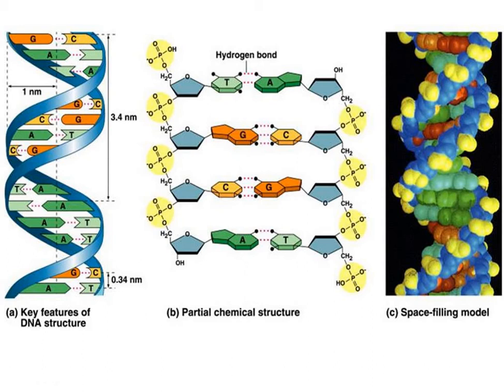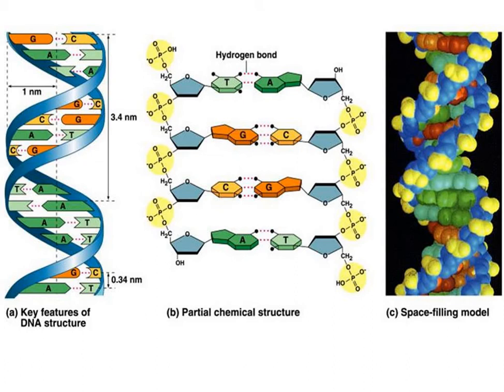Nucleotide strands of DNA are a right-handed coiled helical structure. This is a right-handed coiled helical structure because, based upon right-handed or left-handed, we have different types of DNAs.